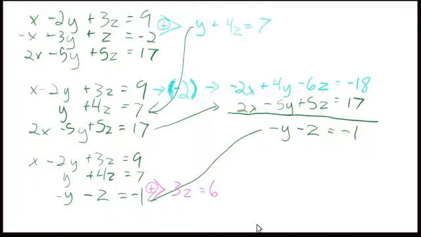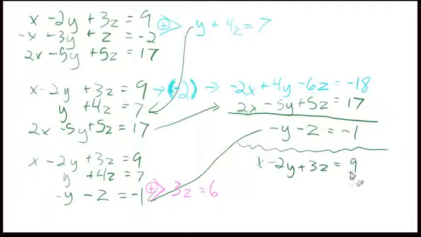My new system, let me just put a squiggly here, separate. So my first equation comes over, it stays the same. My second equation comes over, y plus 4z equals 7. And now my new third equation, 3z equals 6.